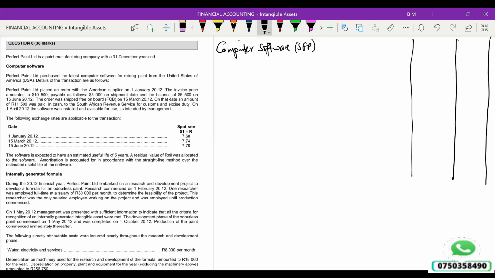They said that the invoice price amounted to 10,500, payable as follows: 5,000 on shipment date and the balance on 15 June. The order was shipped free on board on 15 March. So this was shipped on 15 March. But on 15 March, we paid a certain amount. And we also have a foreign creditor on the same day.